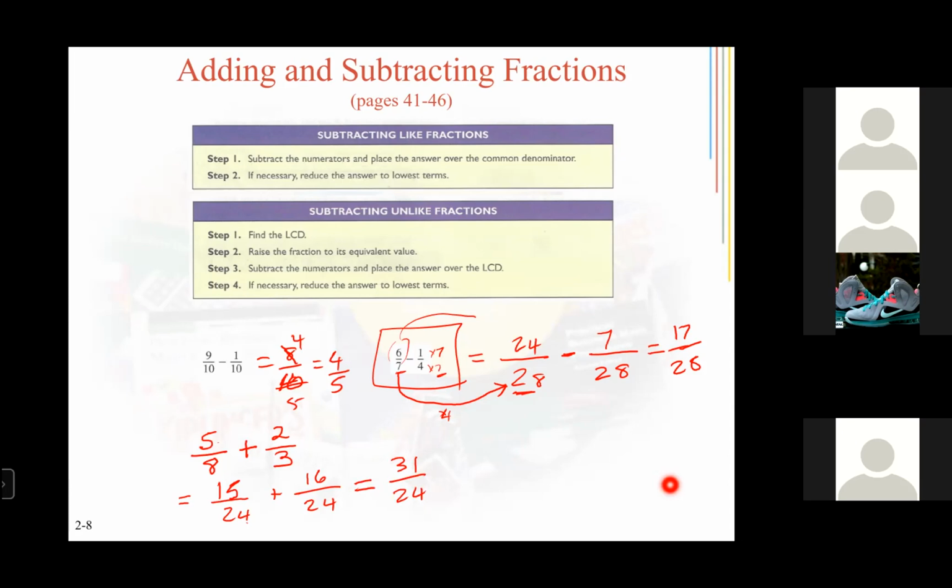Is there anything you could do with that 31 over 24? We could convert it into a mixed number. Okay, you can convert to a mixed number because it's an improper fraction. So you say 24 goes in 31 once, and your remainder is 7 over 24.